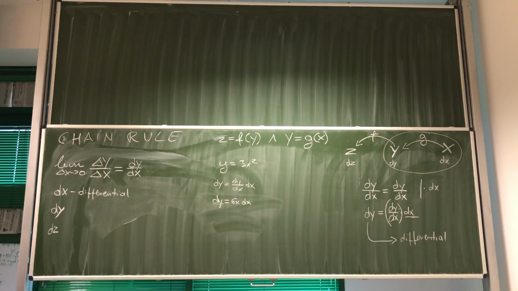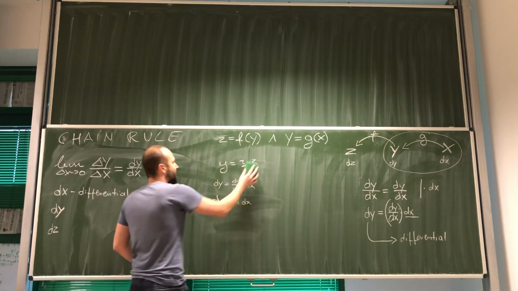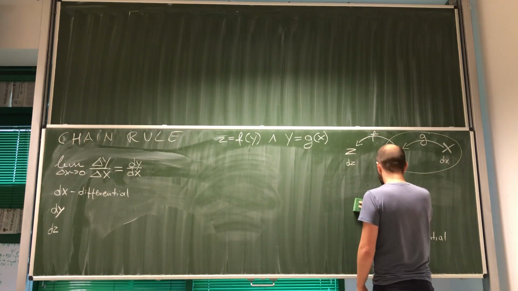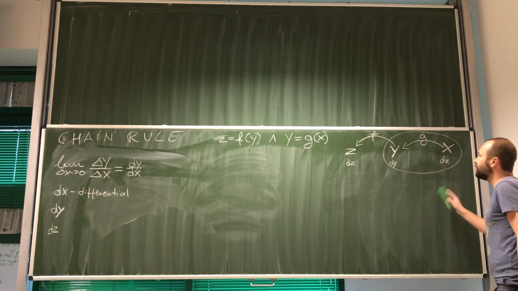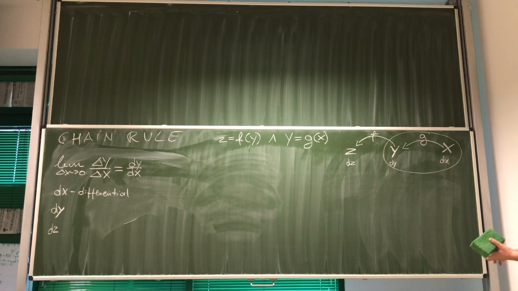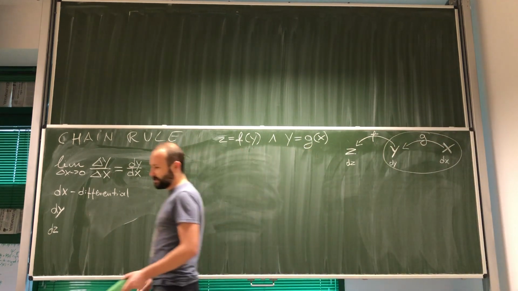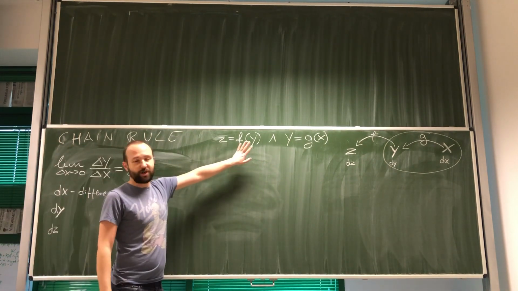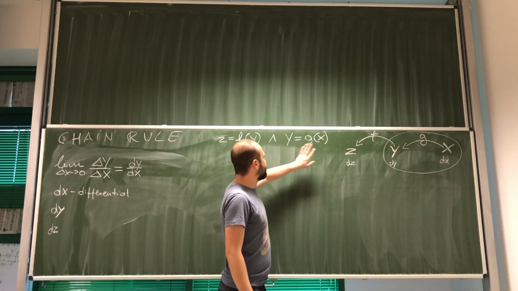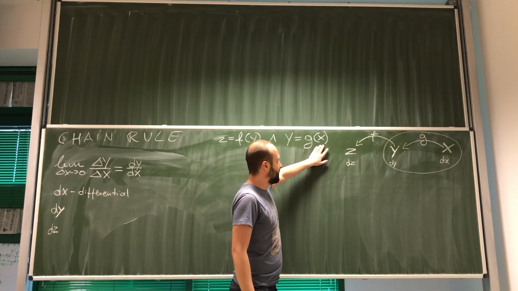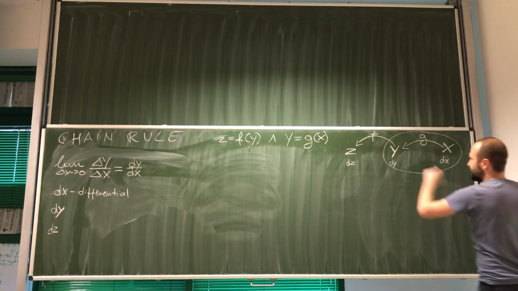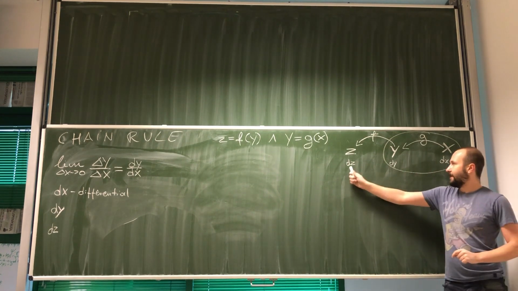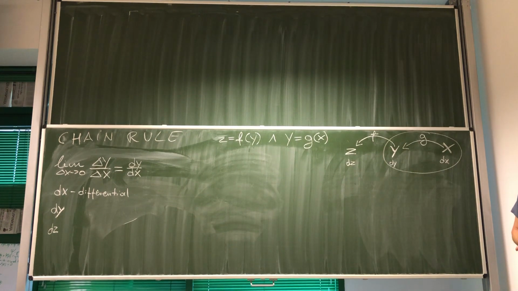And look, if we know what differentials are, maybe we can start playing with them a little bit to deal with the case that we've got over here. The case with the chain rule goes like this. z is some function of y, and y is some function of x. Here we see the chain of causality, and now we are interested in what is going to happen to z as x is changing by a small amount.